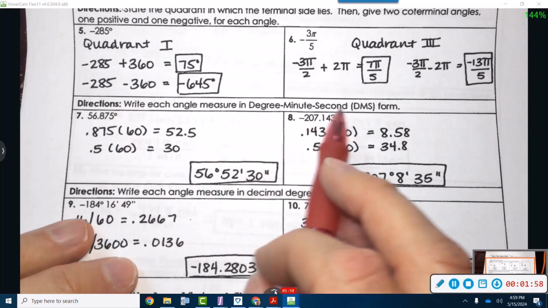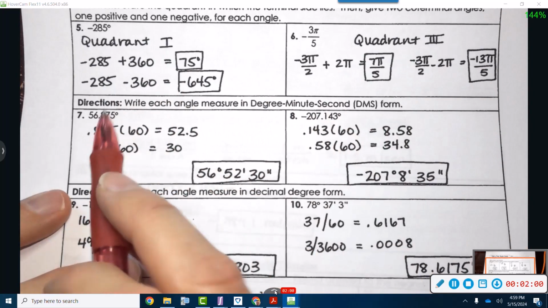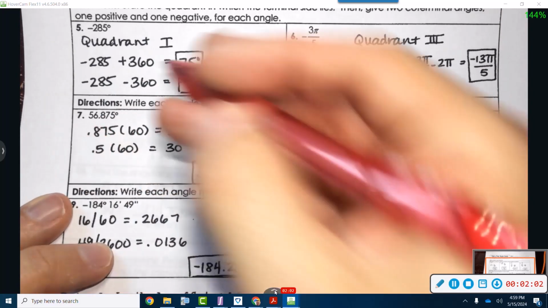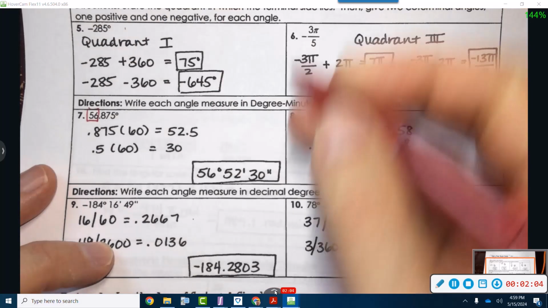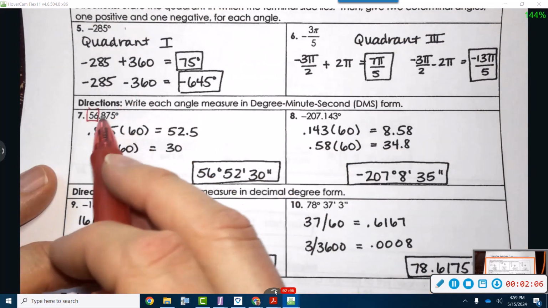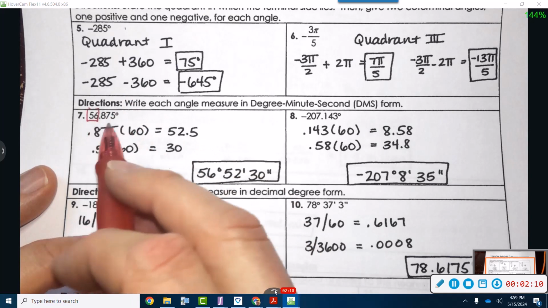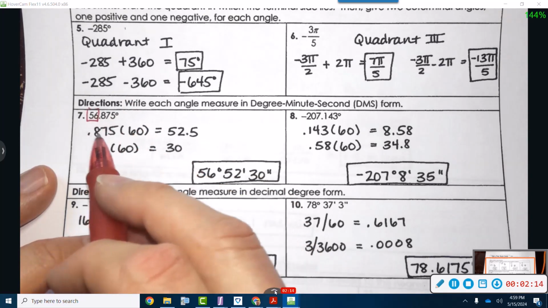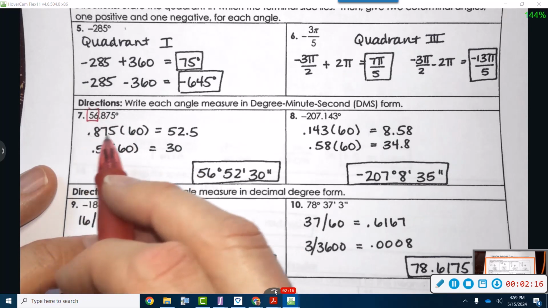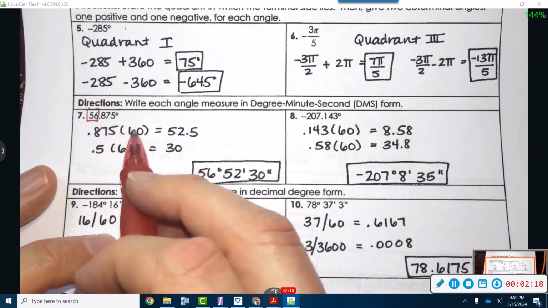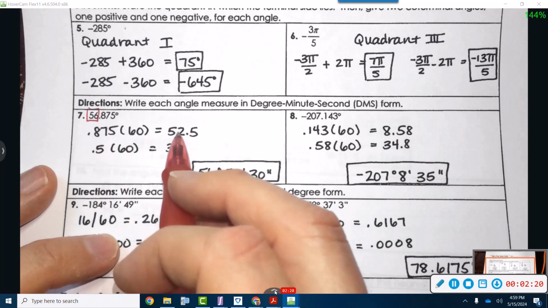Now we're going to go into DMS form. All you have to do is the 56 is its own thing, so it's going to stay there. But it's the decimal that you want to break up into pieces, or you want to take this percentage of 60. So 8.75 or 87.5% of 60 is 52.5.